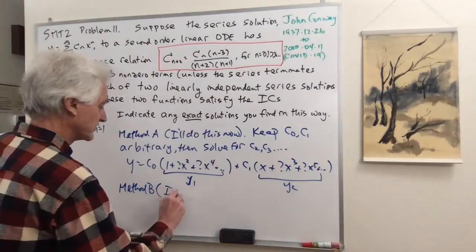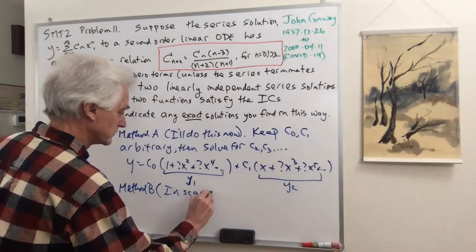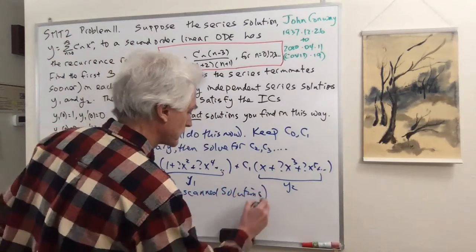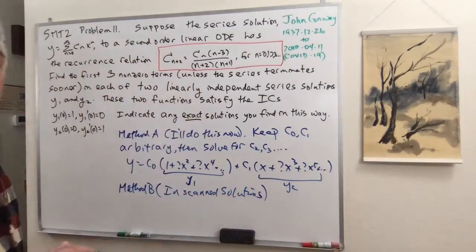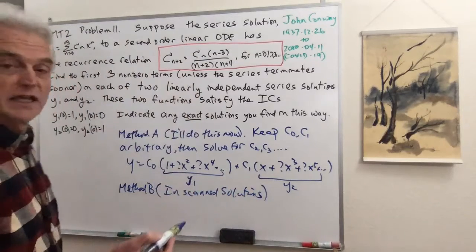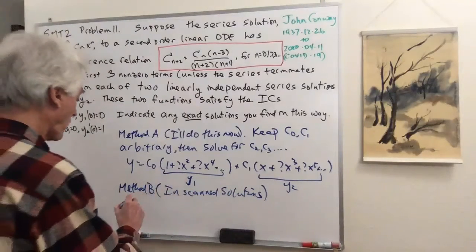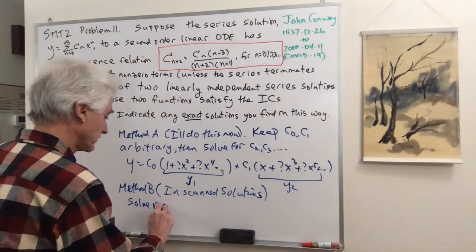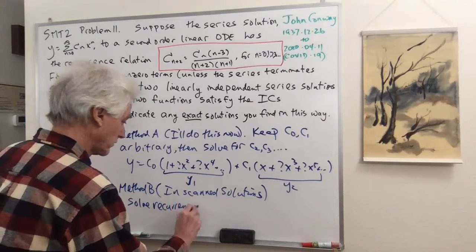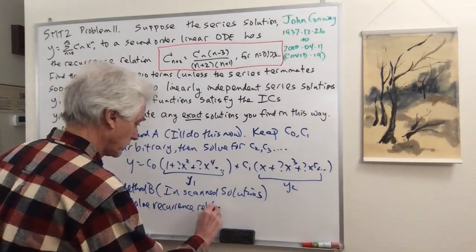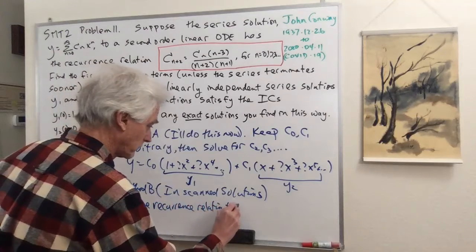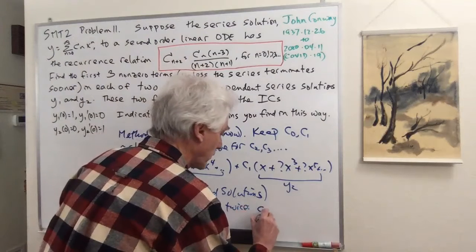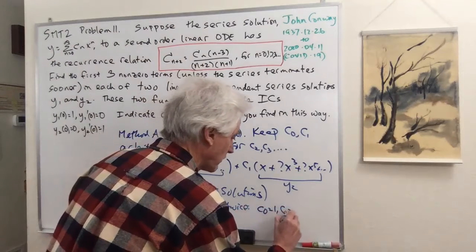So method B, this is in the scanned solutions. You get the recurrence relation like before, but you solve the recurrence relation twice. You set C0 equal to 1 and C1 equal to 0.